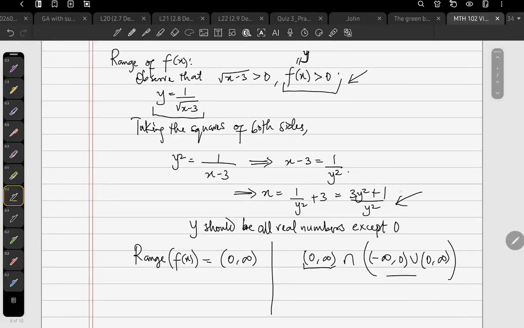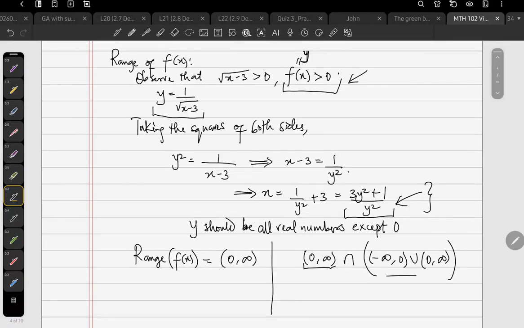When we do that, we get a rational function that has y squared in the denominator. Since we cannot divide by 0, y cannot be 0. That is the only problematic number here, so the domain of this expression is all real numbers except 0, that is (negative infinity, 0) union (0, infinity).